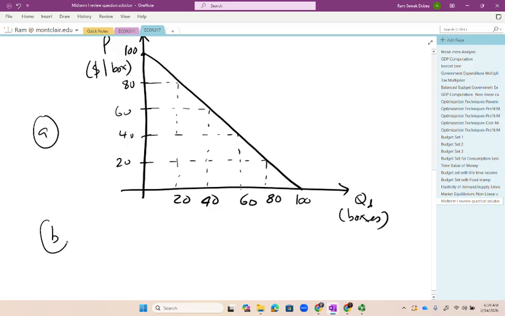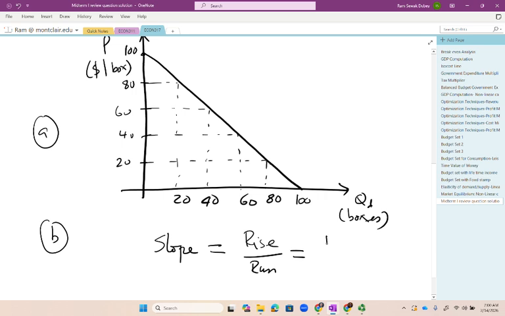Part B, we are required to write down the equation for the inverse demand function. You can see the demand function is downward sloping, and I will first find out the slope of the demand function, which is the rise over run. Let's pick any 2 points. I'll pick the first two.